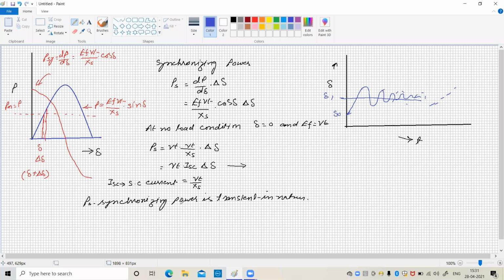Therefore, the synchronizing power is observed as transient in nature. This is very important for a two machine system or a machine connected to the synchronous bus, and if there is any change in the system, the machine should be brought into synchronism.